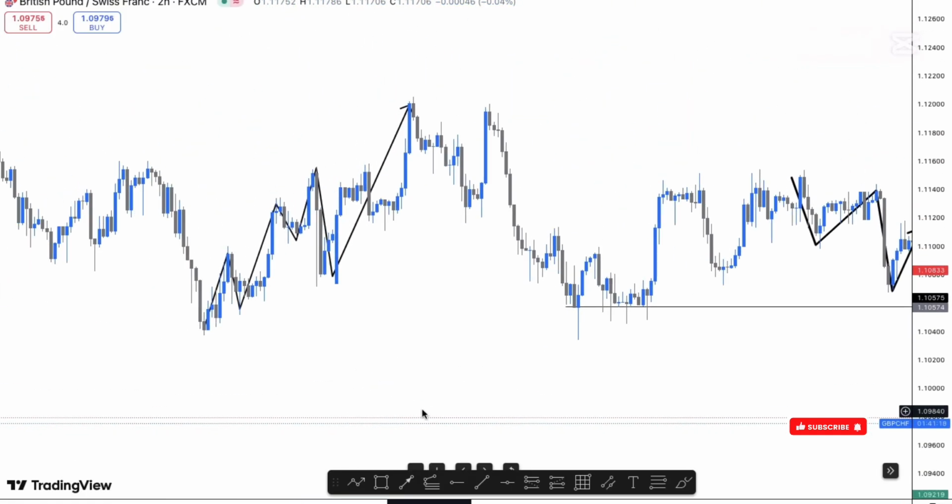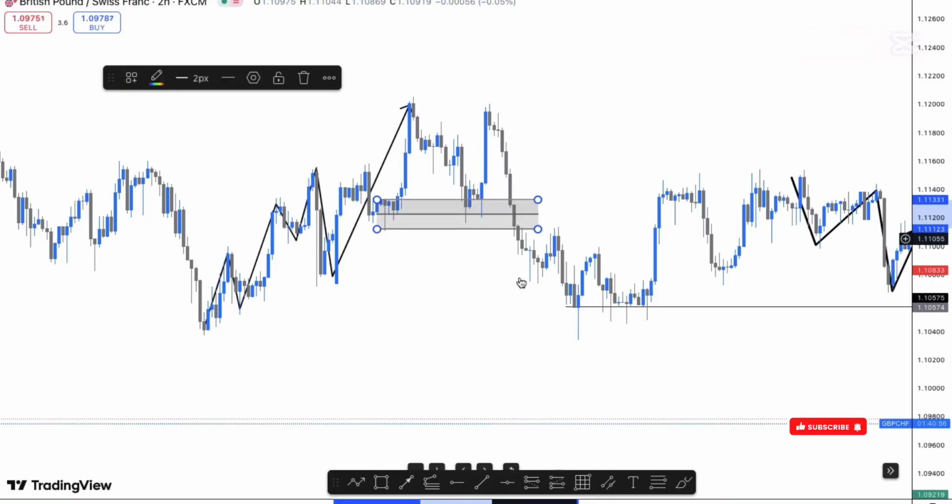You notice that when price came, broke structure, it created a higher high, then a higher low, then a higher high, then a higher low, another higher high, another higher low. Around this zone we can only look for buys. Notice that when price came to this region again, price bought to the upside.